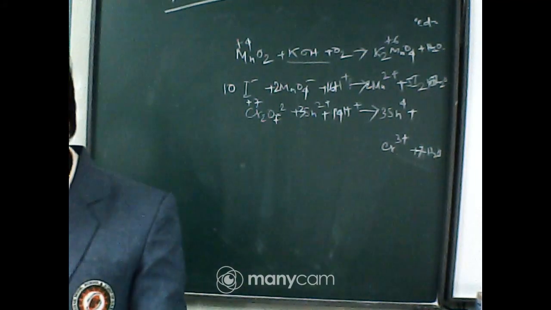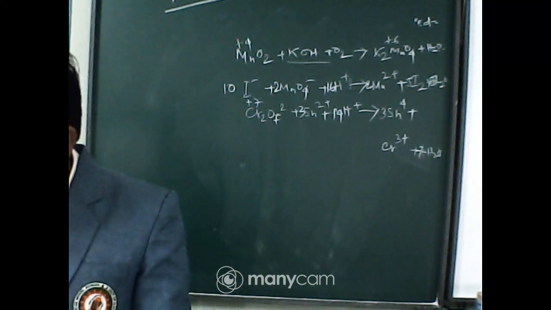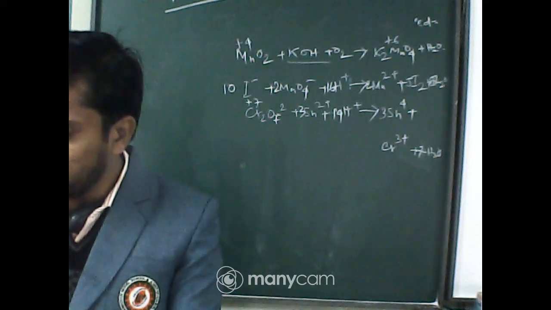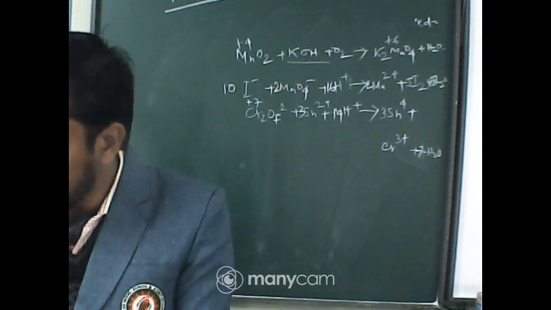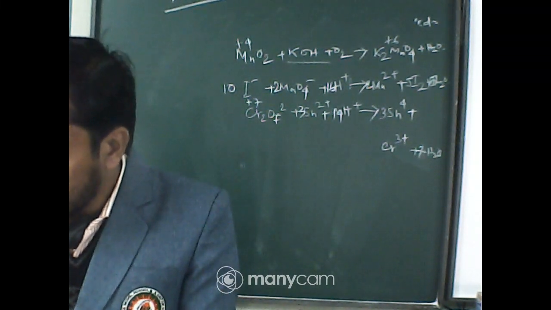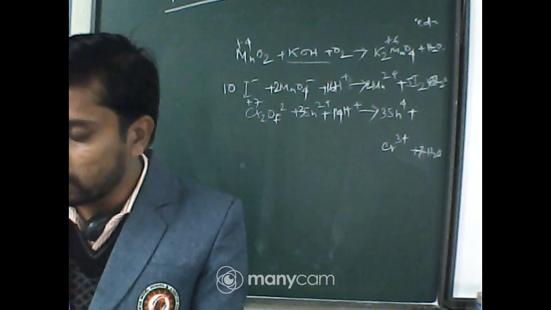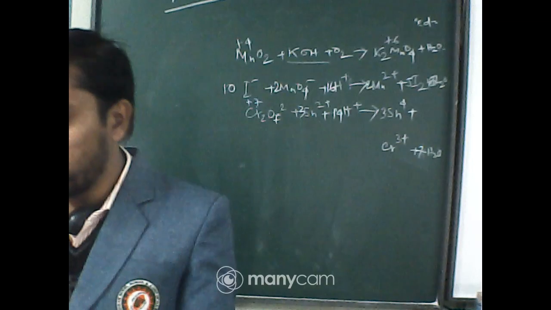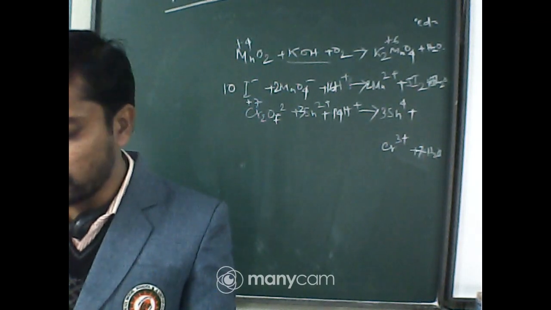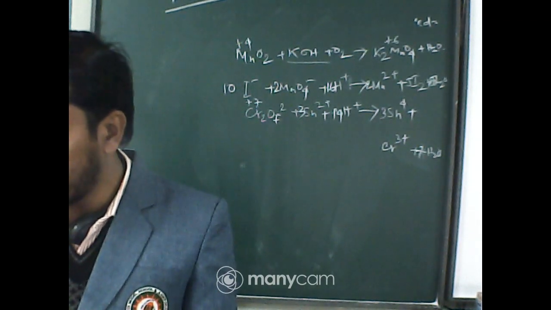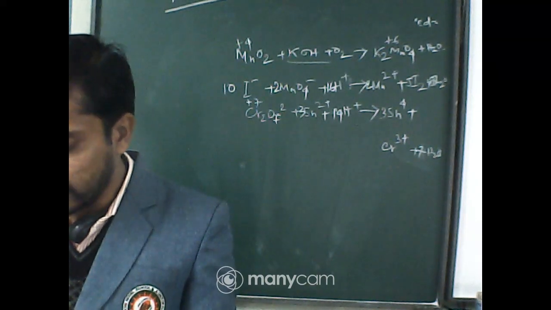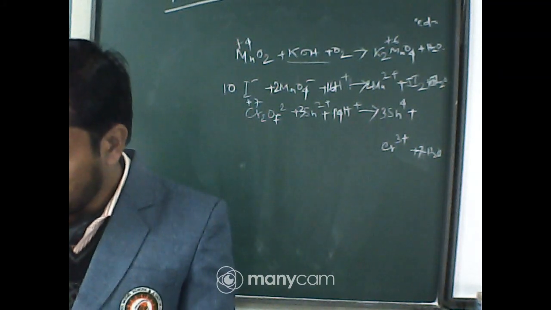Next is that although the electron gain enthalpy of fluorine is less negative than that of chlorine, yet fluorine is a better oxidizing agent than chlorine. Why?